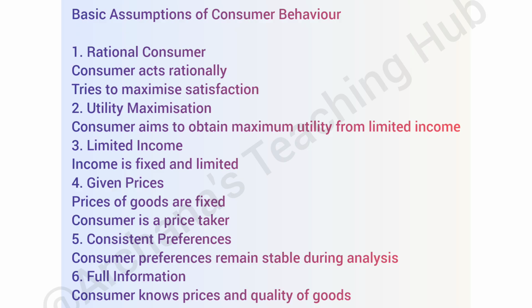Income is fixed and limited. Fourth, given prices. Prices of goods are fixed. Consumer is a price taker. Fifth, consistent preferences. Consumer preferences remain stable during analysis. Sixth, full information. Consumer knows prices and quality of goods.